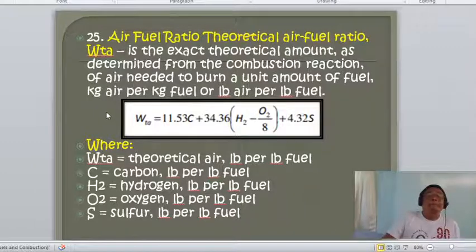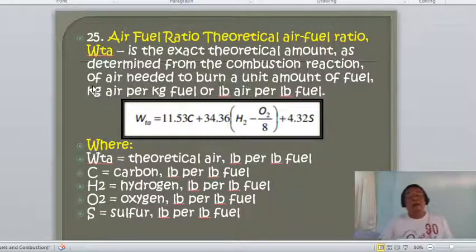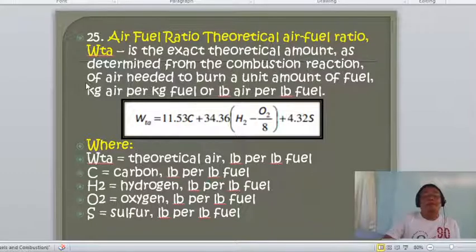This is 11.53, meaning if you are going to burn pure carbon, it requires 11.53 parts of air. So, WTA, the theoretical air-fuel ratio, is 11.53 carbon plus 34.36, or sometimes they use 34.5, or sometimes 11.5, multiplied by hydrogen minus oxygen over 8, plus 4.29, sometimes 4.3, sulfur.